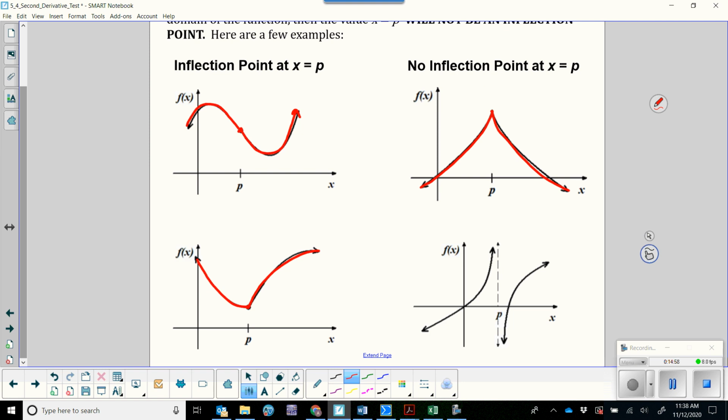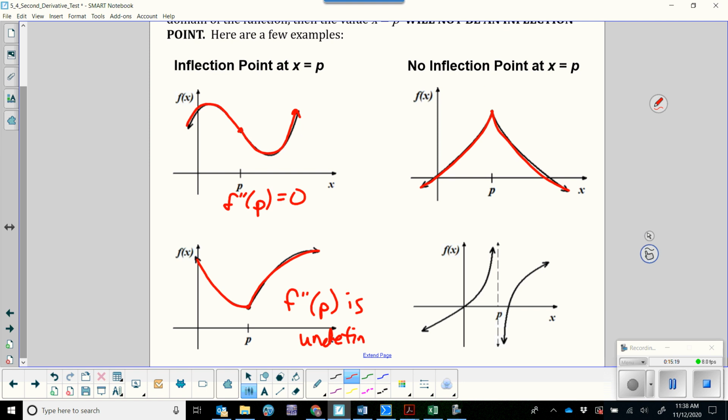The thing that's different is the derivative would not exist. So that's why we have to check for the derivative not existing. So both of these have an inflection point. Here f double prime at P would be 0, and here f double prime at P is undefined.